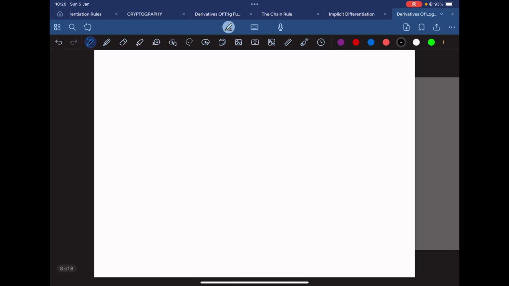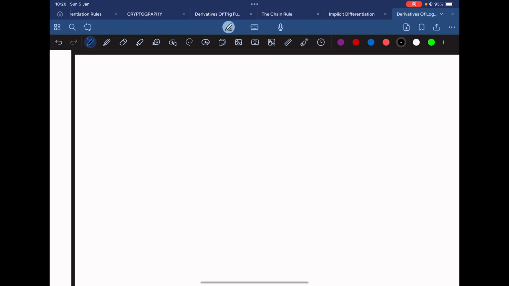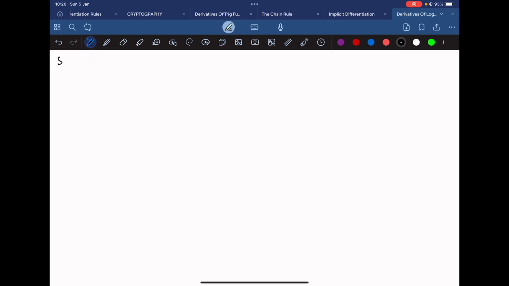Let's look at another question. We have x is equal to y exponent xy. So we do the same thing, ln of x, ln of y, xy.